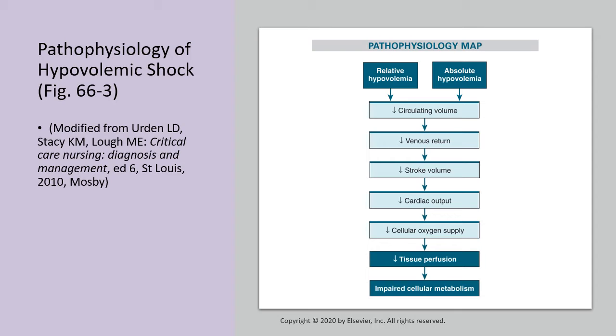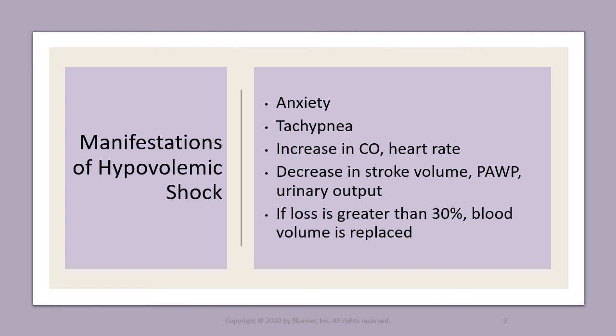The reduced intravascular volume results in decreased venous return to the heart, decreased preload, decreased stroke volume, and decreased cardiac output. A cascade of events results in decreased tissue perfusion and impaired cellular metabolism, the hallmarks of shock.